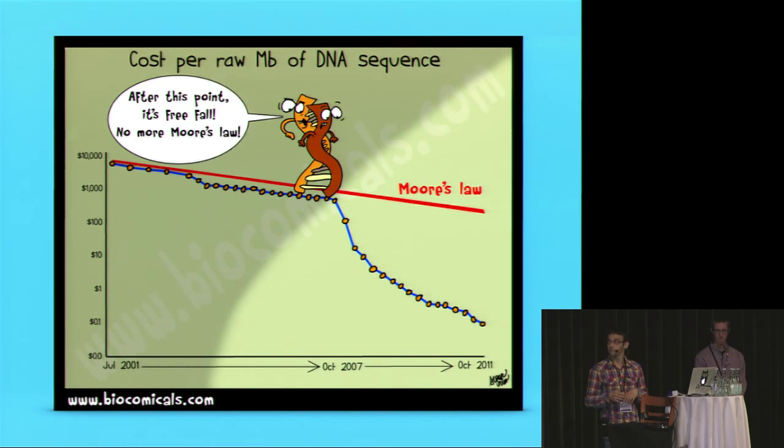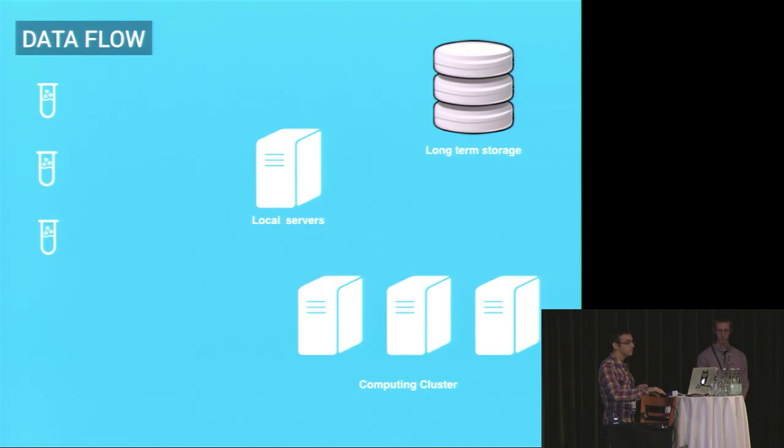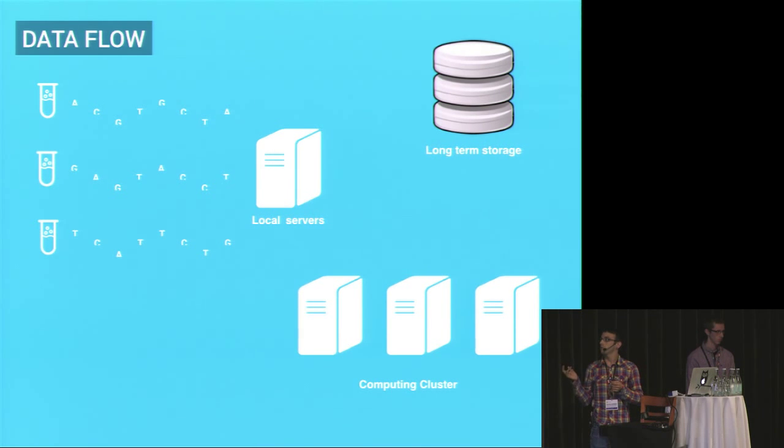Just to get an idea of the data flow that we use, everything starts with a sample that is sent to us either by researchers or doctors. Then we put this sample into the sequencer machine, which basically digitizes this information into something understandable by computers. This information goes to our local servers where we do some processing of this digitized information.